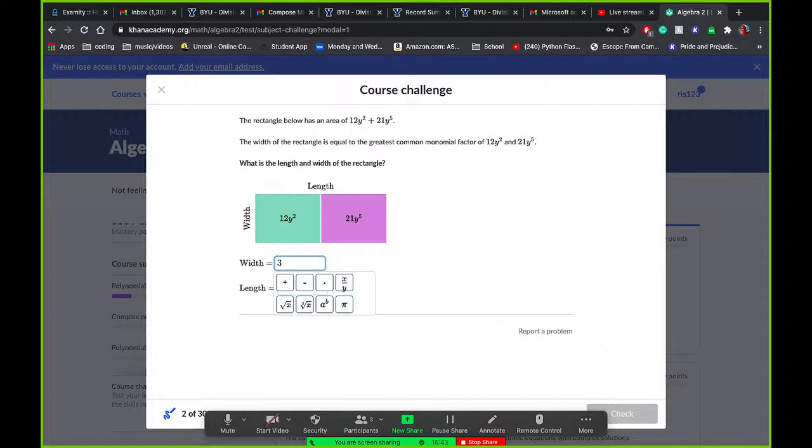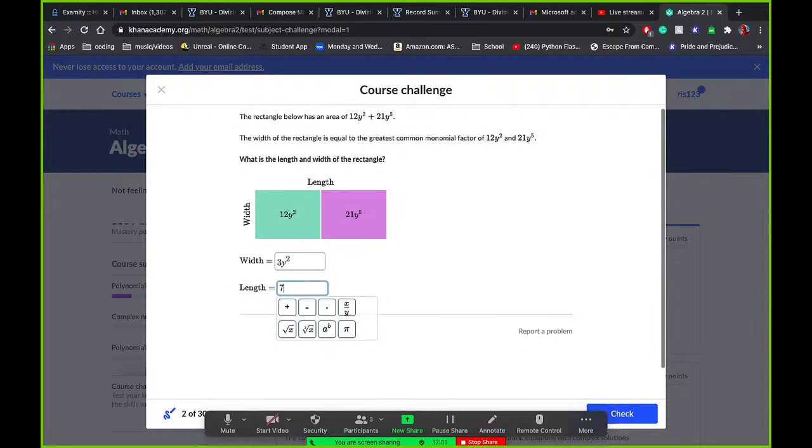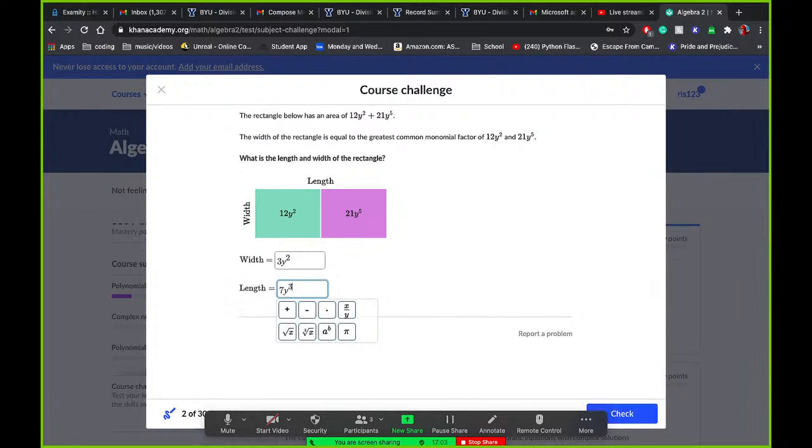Yeah, good job. And then the length is 4 plus 7y cubed, so it will be 7y cubed plus 4. Right? Yeah, I think that's right. Let's check it. Yeah, good job.